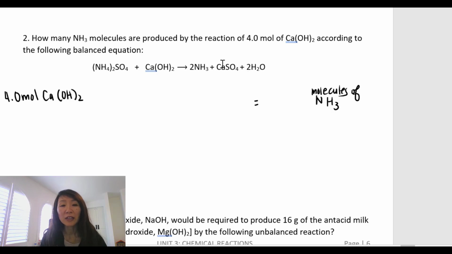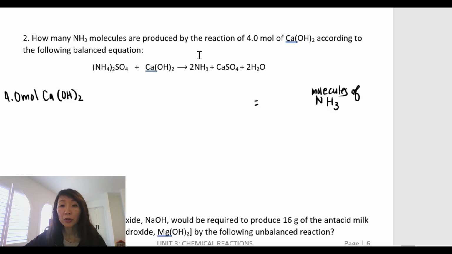Look at the relationship between NH3 and calcium hydroxide, since that's the relationship we're looking for right now. We're looking for a conversion from calcium hydroxide to NH3. So in the balanced equation, you look at the relationship between calcium hydroxide and NH3.